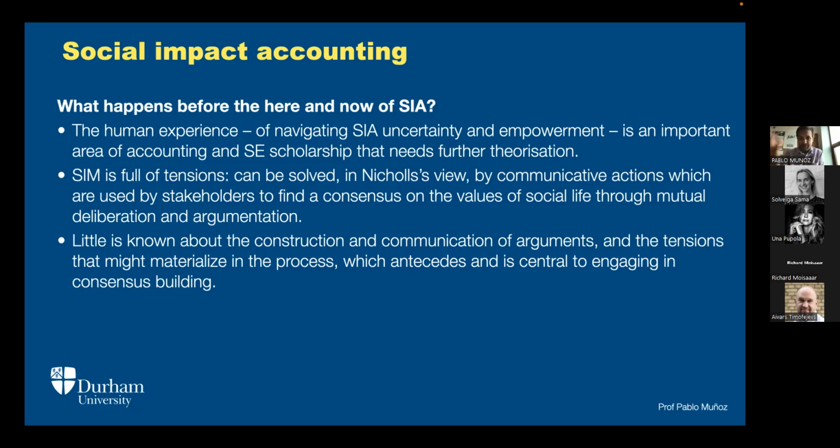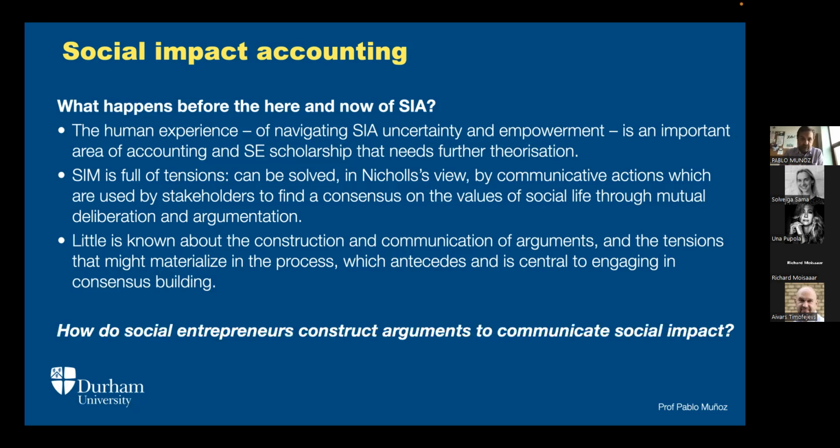This is how you communicate your ideas about impact. So we decided to look into the arguments, because they are central as people engage in consensus building and try to figure out the best way of measuring and generating accounts about changes in condition.